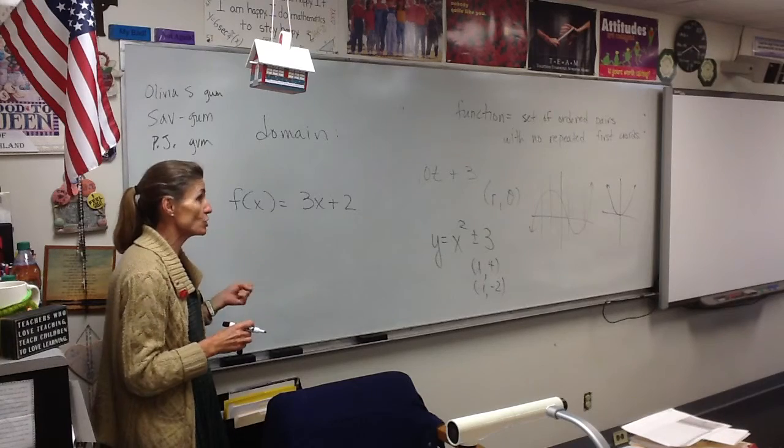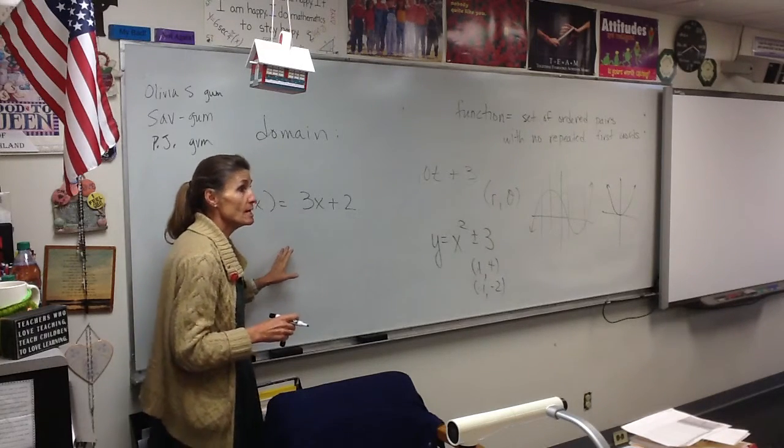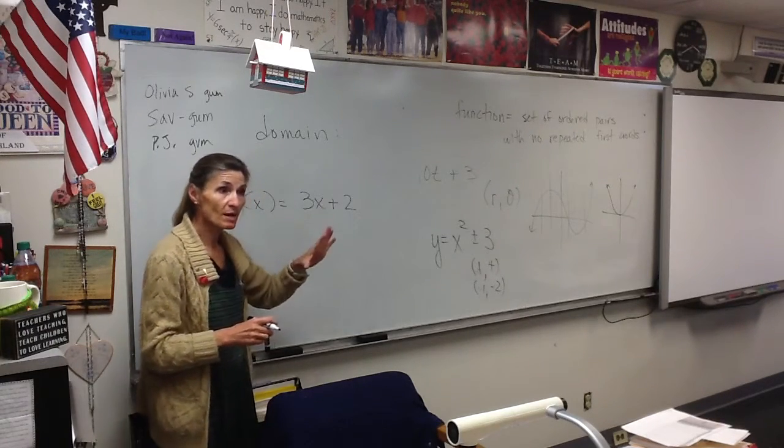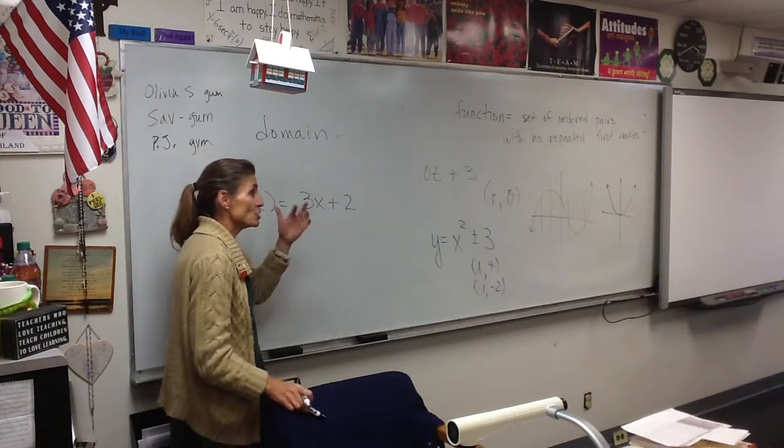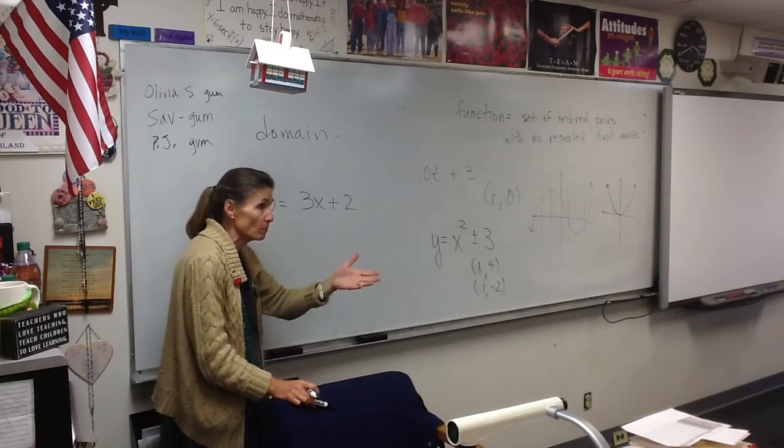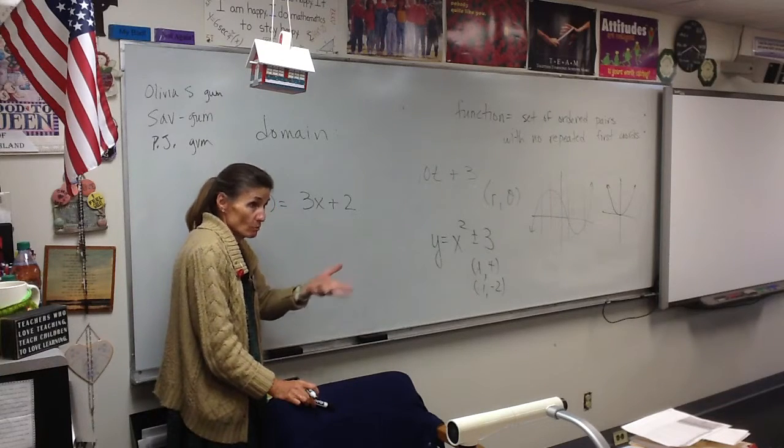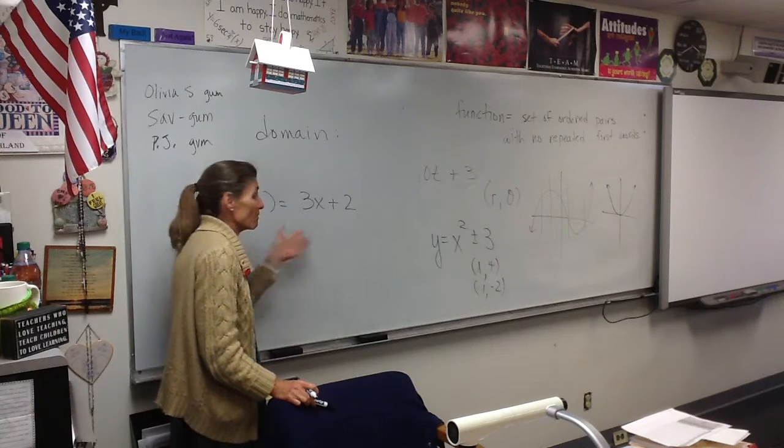Now, what could change it? Well, we talked about one example. In word problems, you have to be careful because sometimes it just doesn't make sense for the variables to be negative, let's say, right? So we have to rule those out.